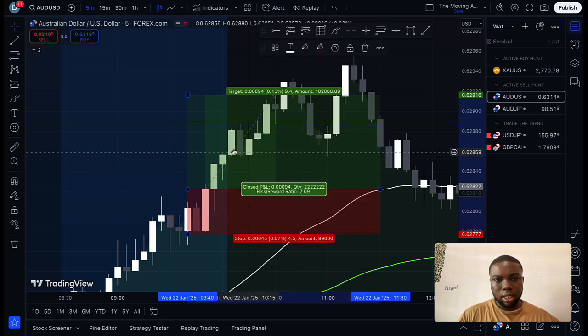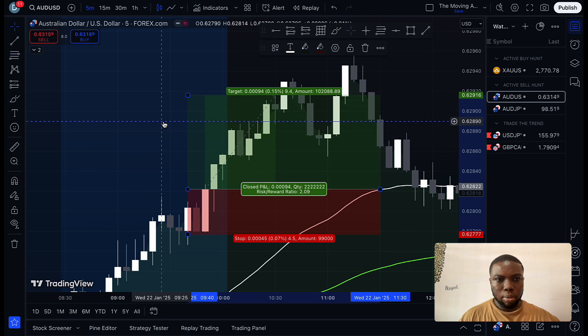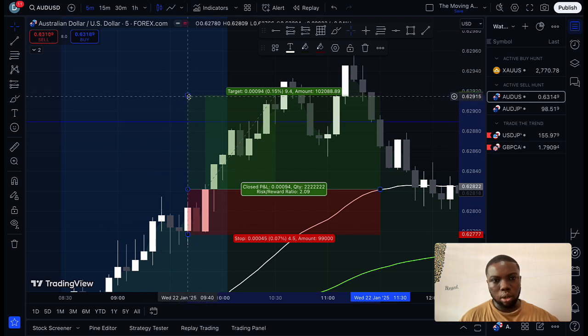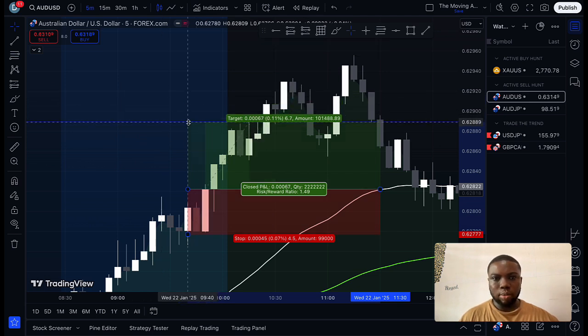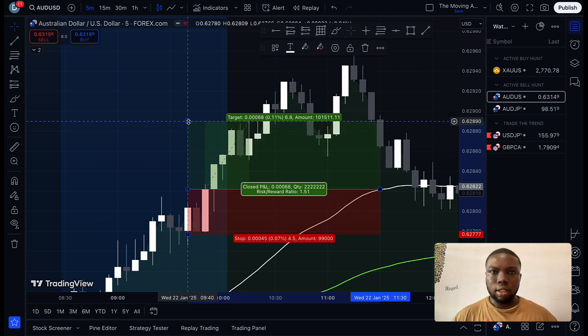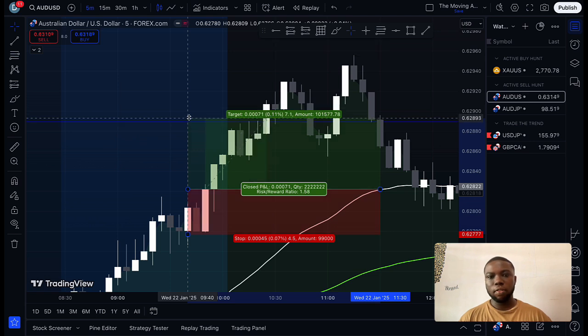Now I must mention that whenever you see price getting close to the blue line, you should be careful. I would sometimes close my trade the moment it touches the blue line, because it's a high or a low. It's a very strong point where price might retrace or reverse on me. So this would have been a safe take profit.